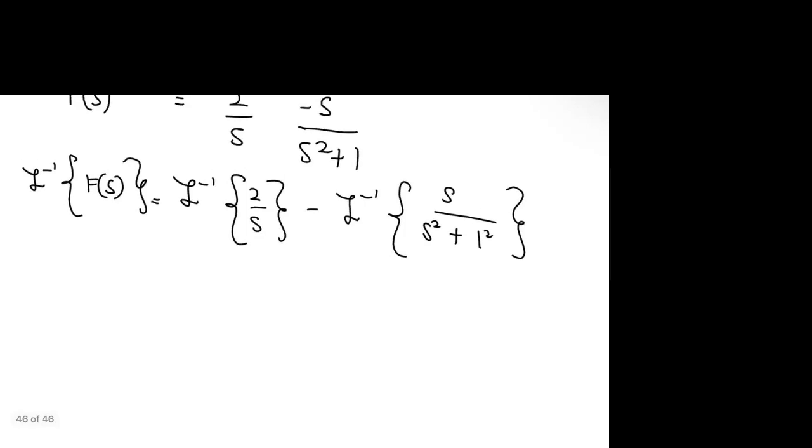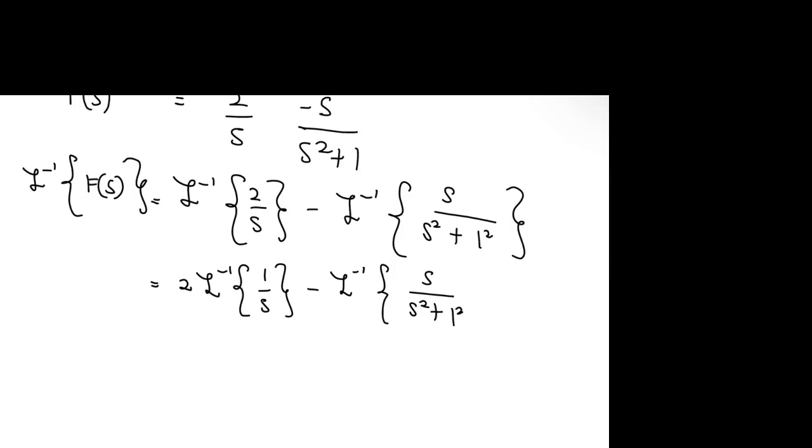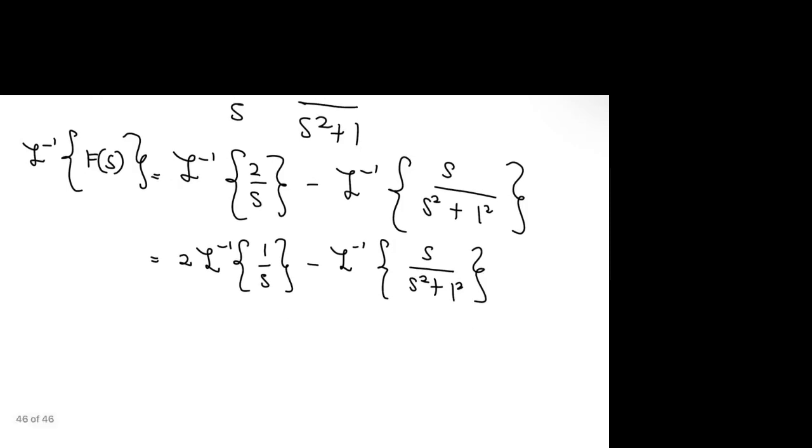So we have 2 inverse Laplace of 1 over s minus s over s square plus 1. So we don't change anything here. So here will be 2 minus cos t. So the answer is 2 minus cos t.